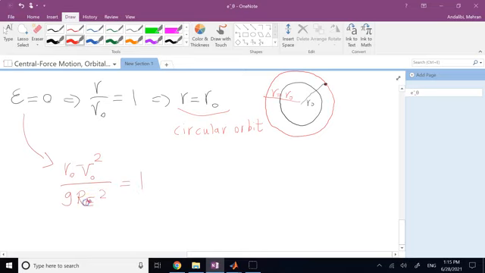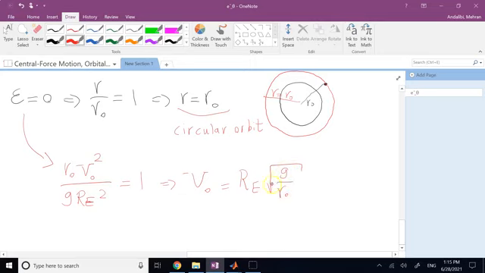If this is 1, then subtraction of that from 1 is 0, and it means the magnitude of velocity that you need for the launch is going to be RE times square root of G over R naught.